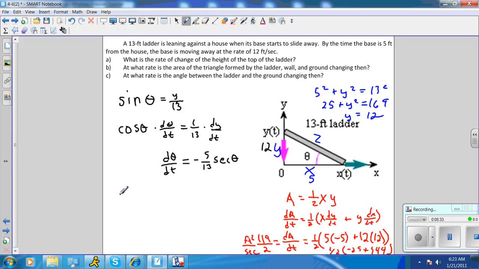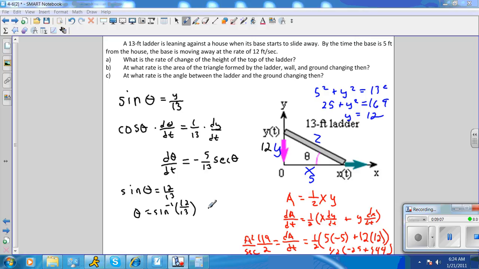If we want to figure out the sine of theta when y is 12 and z is 13, if we do an inverse sine of 12/13, we know what theta is, which we get 67.380 degrees.